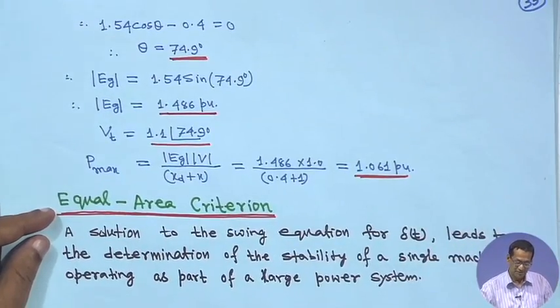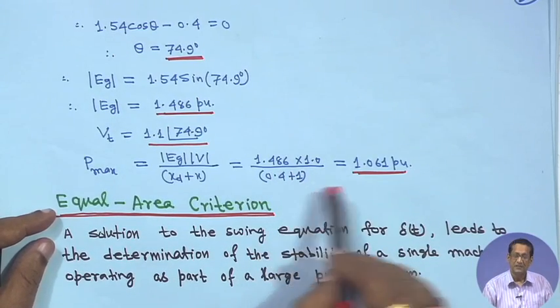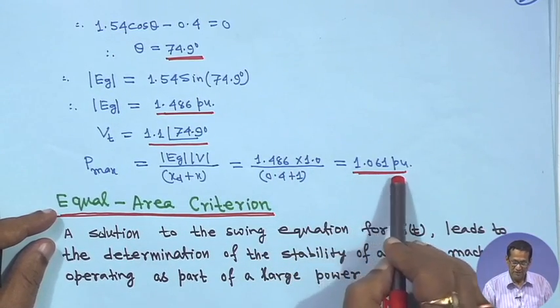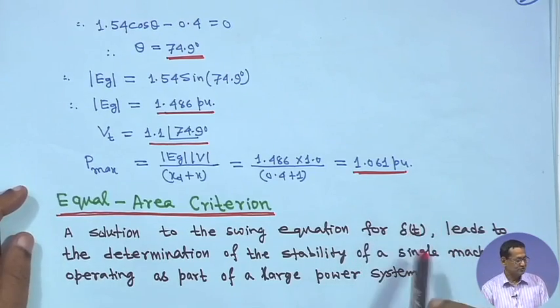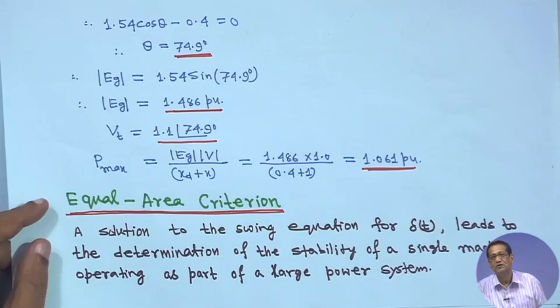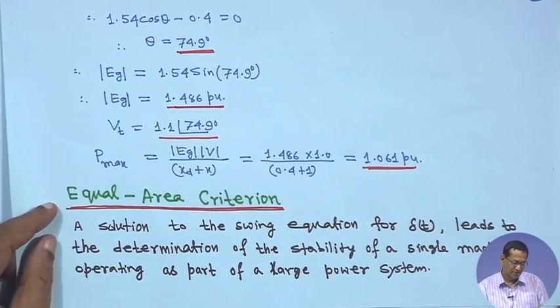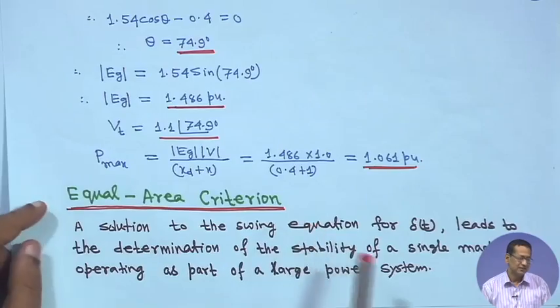So, it is 1.486 into 1 divided by 0.4 plus 1, that is equal to 1.061 per unit. So, with that we have taken few examples from the point of view of swing equation as well as steady state stability. Next, we will come to the equal area criterion.